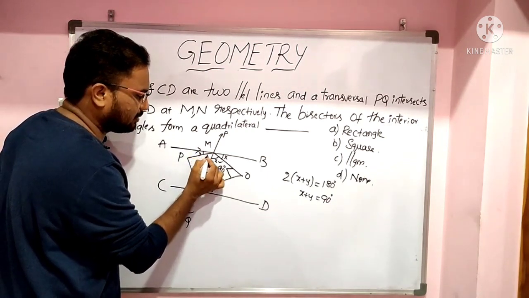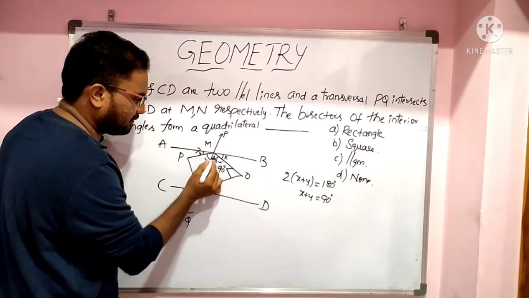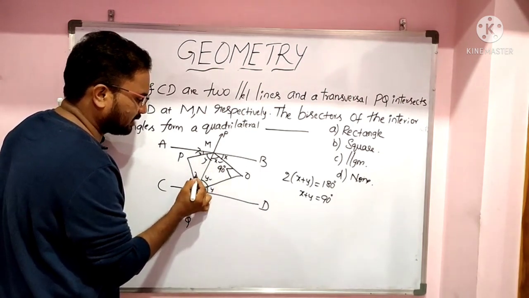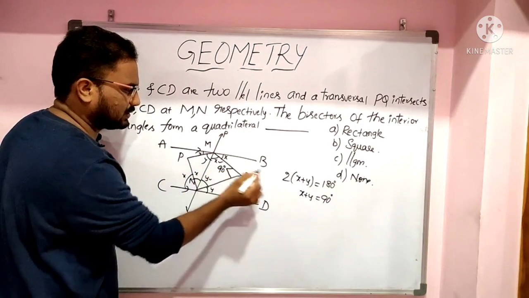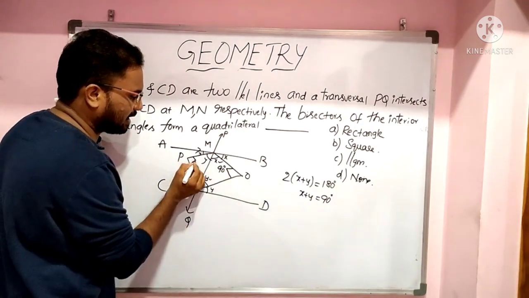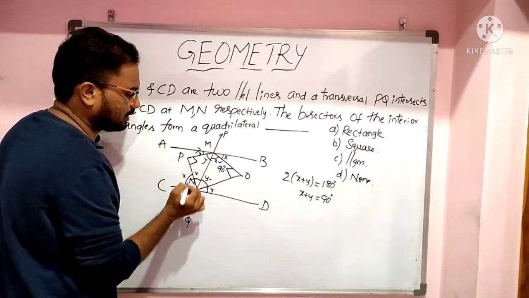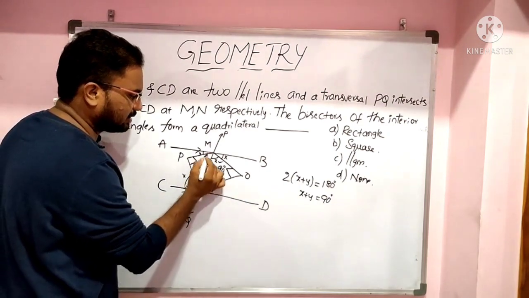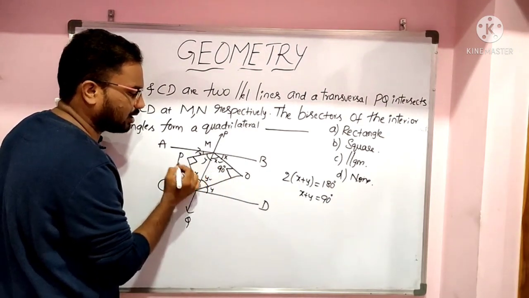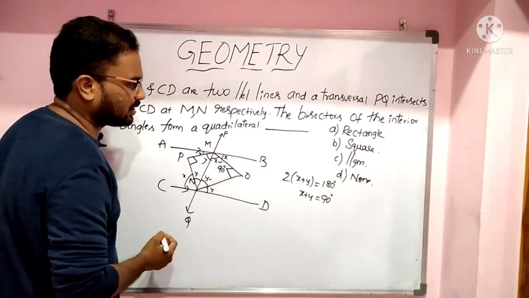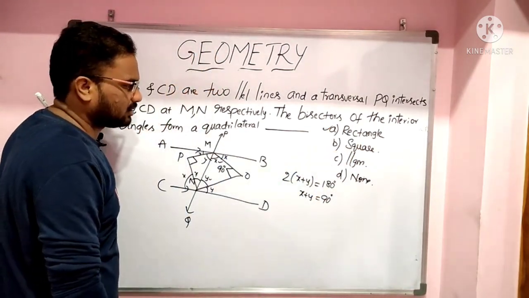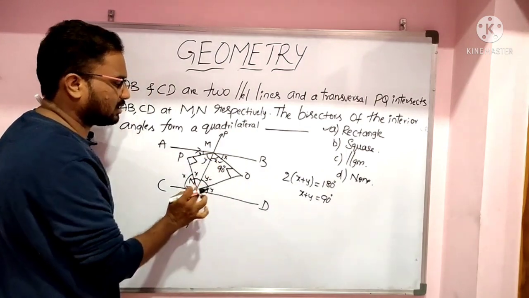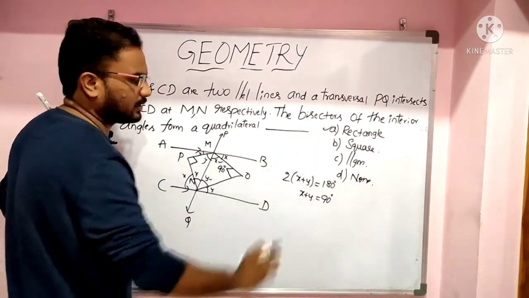So X plus Y equals 90, and this angle is also 90. All angles are 90 degrees, so it is a rectangle. It is not a square because the sides are not equal.